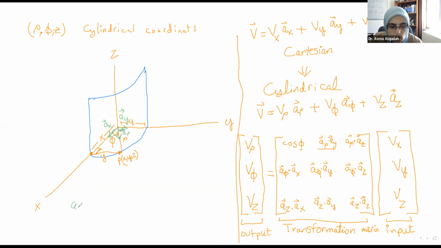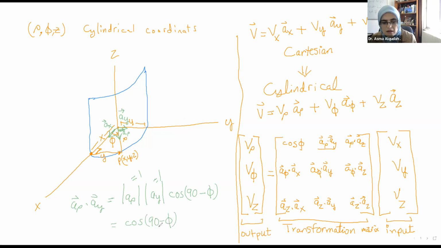So A sub rho dotted with A sub y is equal to the magnitude of the first one times the magnitude of the second one times the cosine of the angle between them. These magnitudes are equal to 1, so we are left with cosine of 90 minus phi.